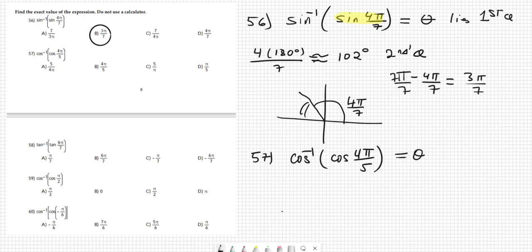I don't know. 4 multiplied by 180 divided by 5 is 144. 144 degrees.